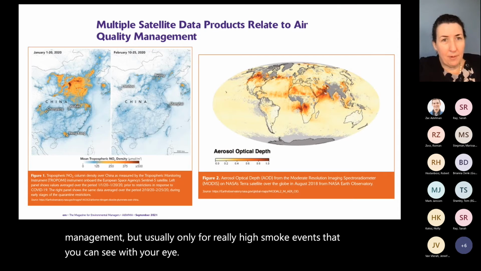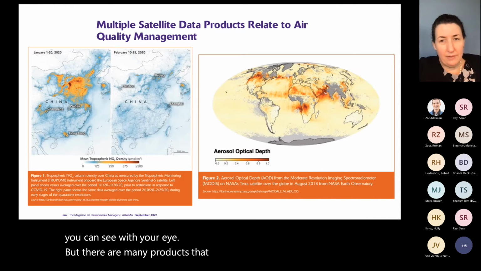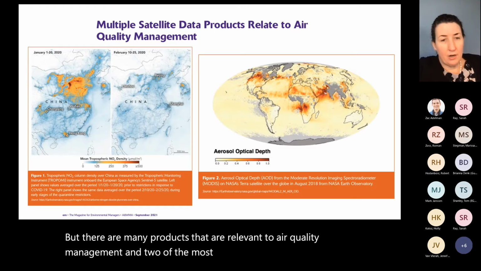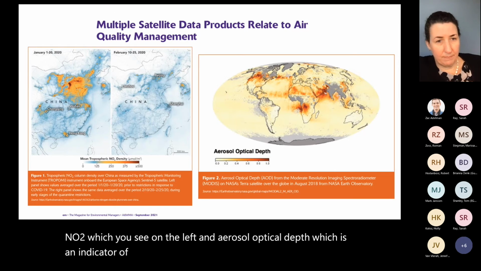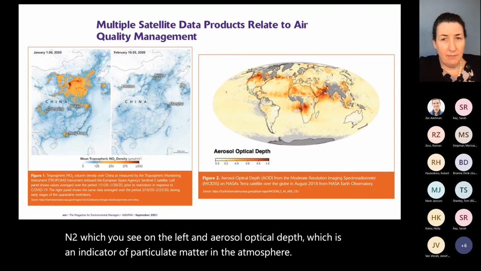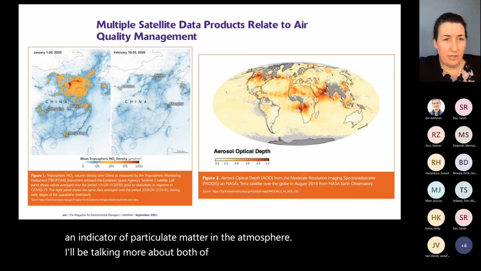But there are many products that are relevant to air quality management, and 2 of the most widely used are tropospheric NO2, which you see on the left, and aerosol optical depth, which is an indicator of particulate matter in the atmosphere. I'll be talking more about both of these, but I'll just get started here with these 2 examples.